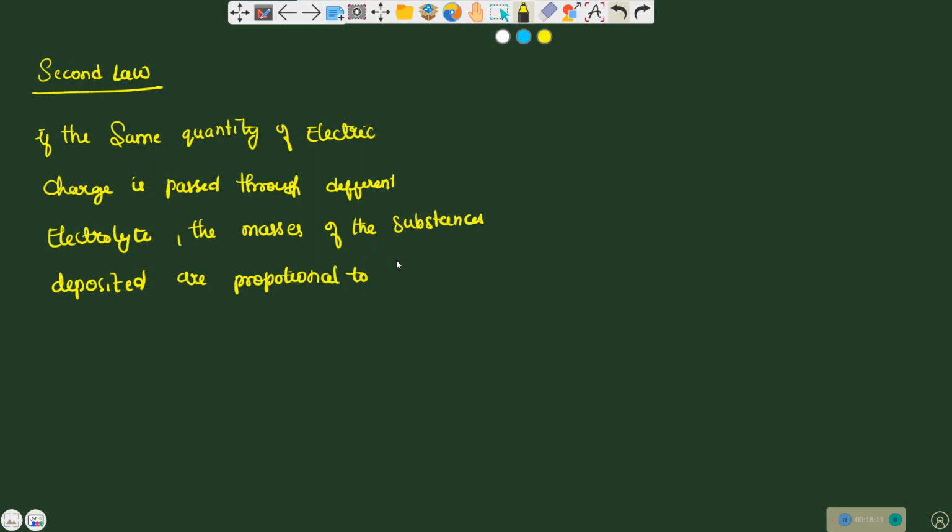Proportional to their chemical equivalent. Understood? What does second law say?